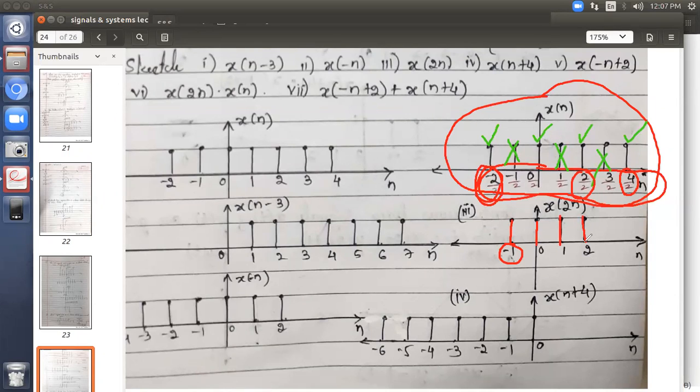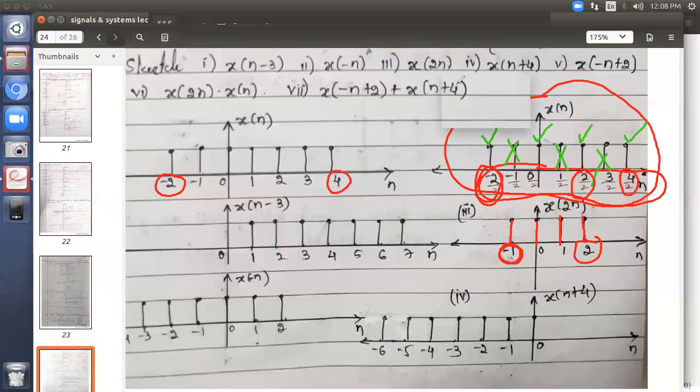At 2, draw the amplitude. So the original range was minus 2 to 4. The new range is minus 1 to 2. 3 samples have been discarded, 4 samples are retained. So this is the compressed version of this x of n.